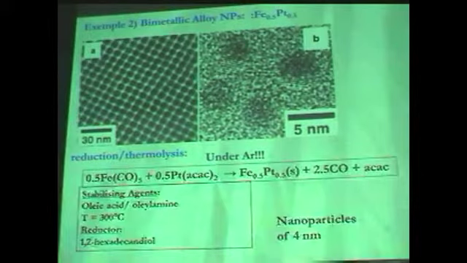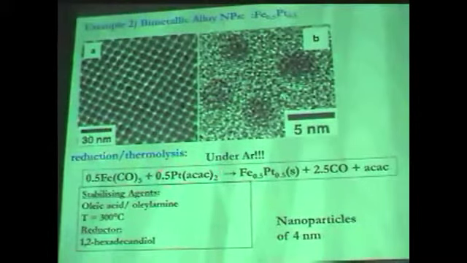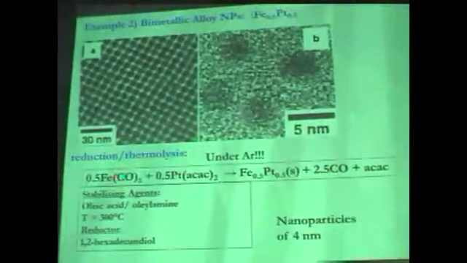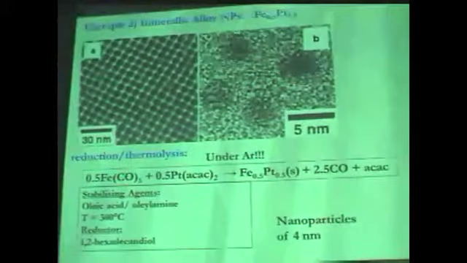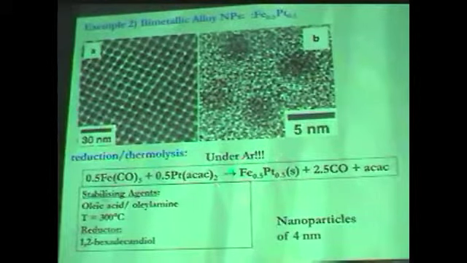Our precursor, iron pentacarbonyl, should provide iron nanoparticles, but in this case we also add platinum acetylacetonate, and the decomposition of both should provide the formation of iron platinum alloy nanoparticles.